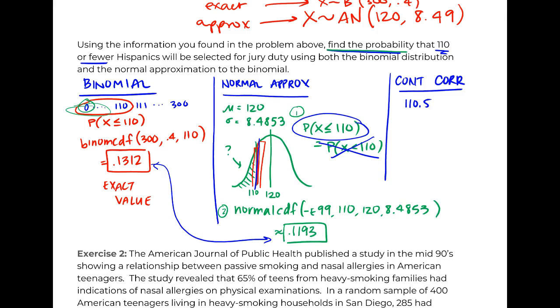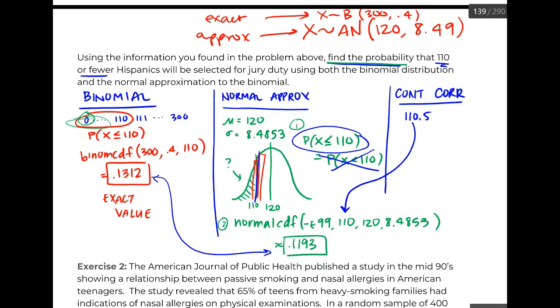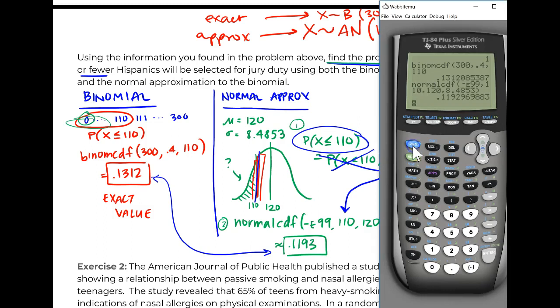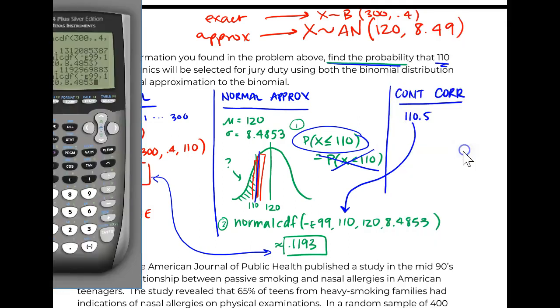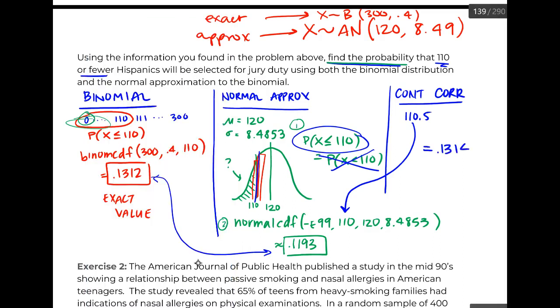So the only modification here is changing the upper bound on the normal CDF to 110.5. And just so you can see what a difference that will make, to make sure you include that 110. Now we're at 0.1314, which is a heck of a lot closer to our exact value than it was without the continuity correction.